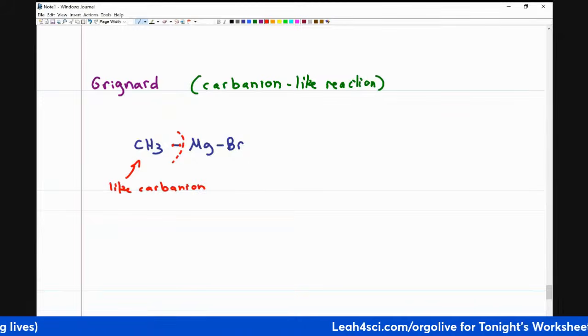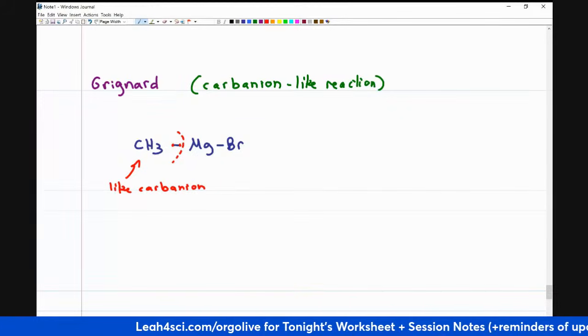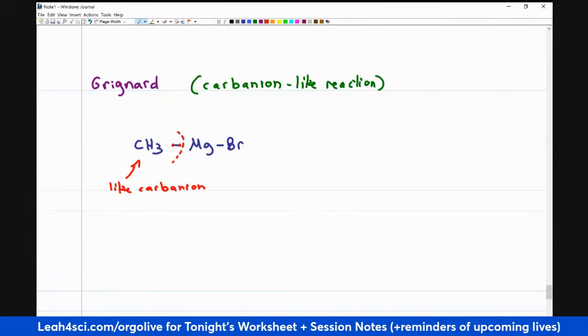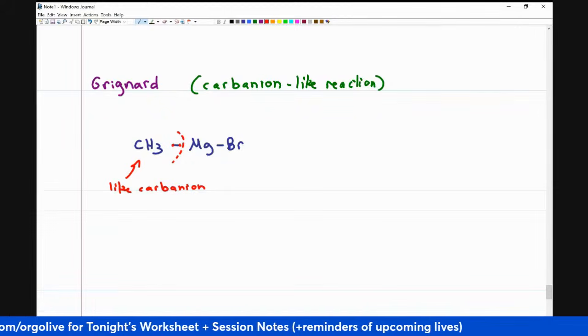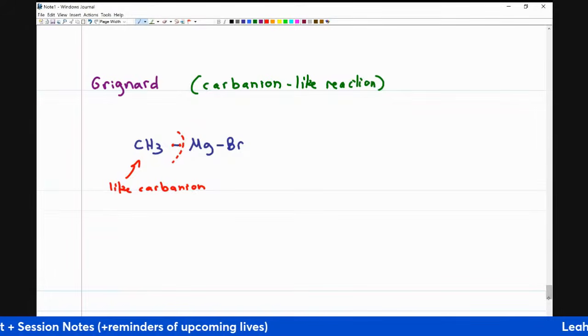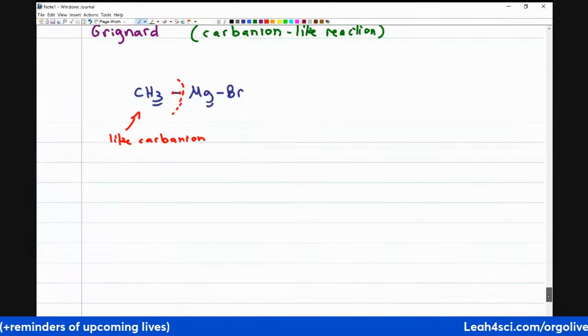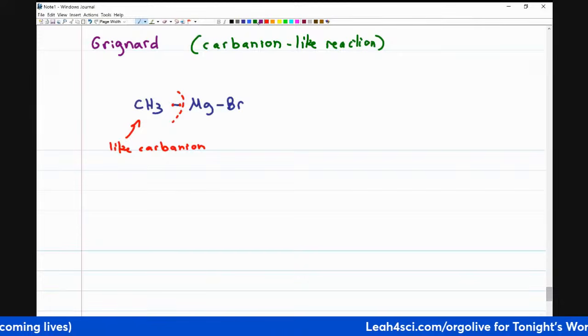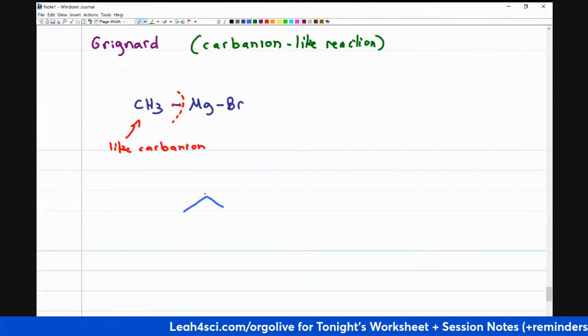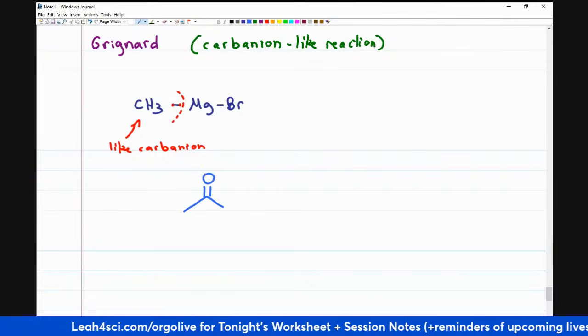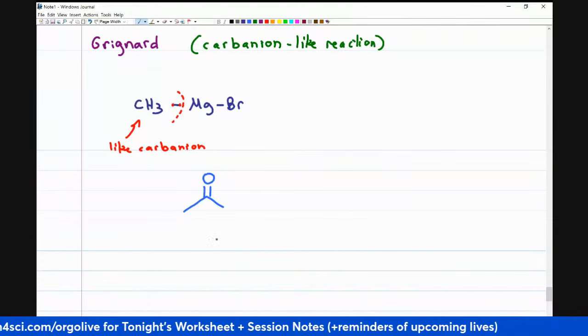Carbanions, as you should recognize or remember from the beginning of organic chemistry, are very unstable, very reactive, because they're very, very unhappy, and the Grignard is very, very, very reactive. The Grignard is looking for anything positive or partially positive. And so if you think about how our carbonyl reacted earlier, the Grignard is going to do the same exact thing.